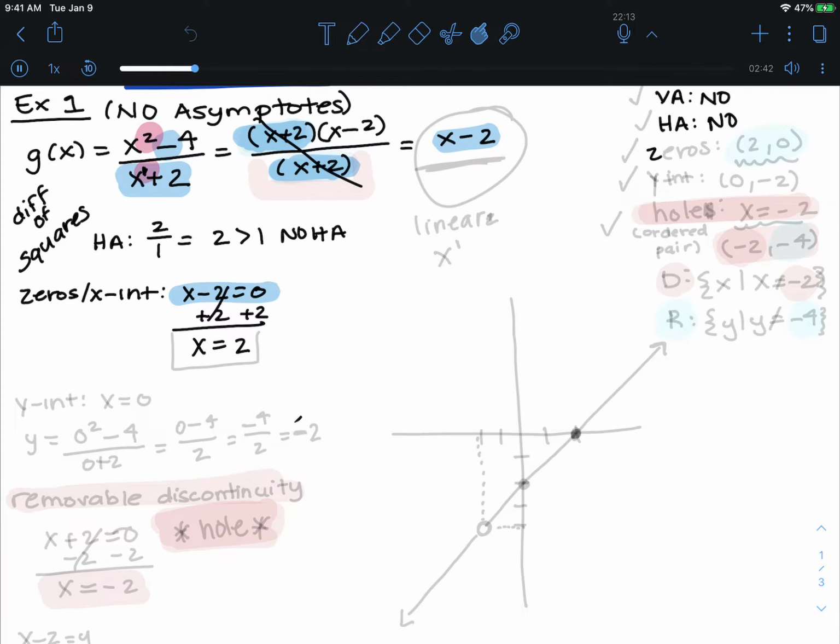So what are my zeros? My zeros are going to be 2, 0. Remember, it has to be in ordered pair form. I do not want it as x equals 2, because that is a line. This right here is a point. So 2, 0.